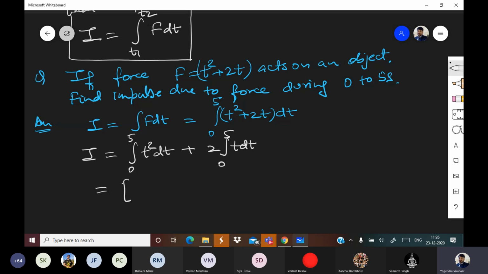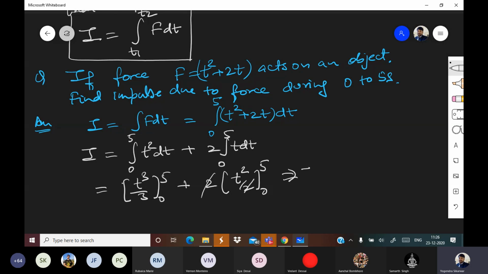The integration of t square dt is t cube by 3 from 0 to 5, plus 2 times t square by 2 from 0 to 5. This 2 got cancelled.